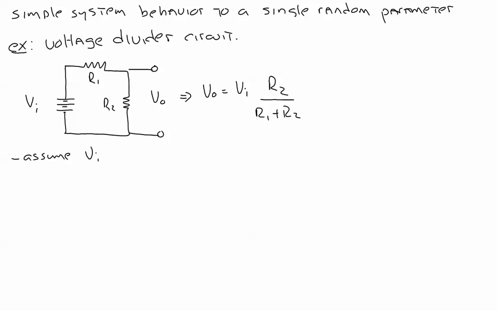All right. So what we're going to do is assume that Vi and R2 are fixed, but that R1 has randomness associated with it. My resistor R1 has an uncertain resistor value. R1 is random.